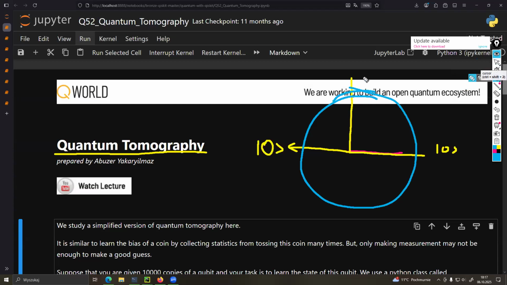So we have two states, right? One is right like here, and one is like here.